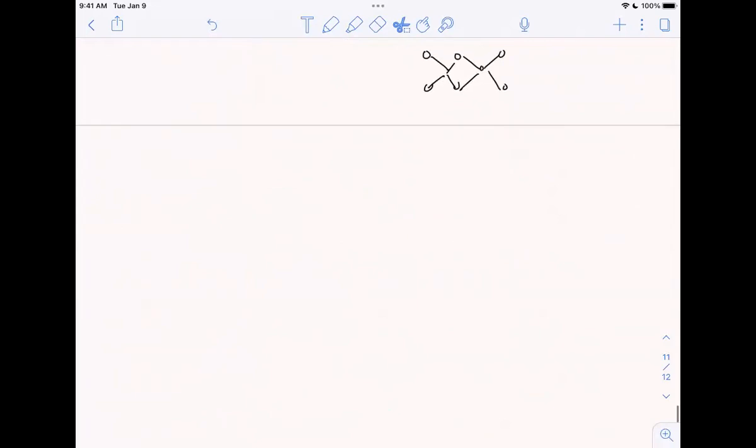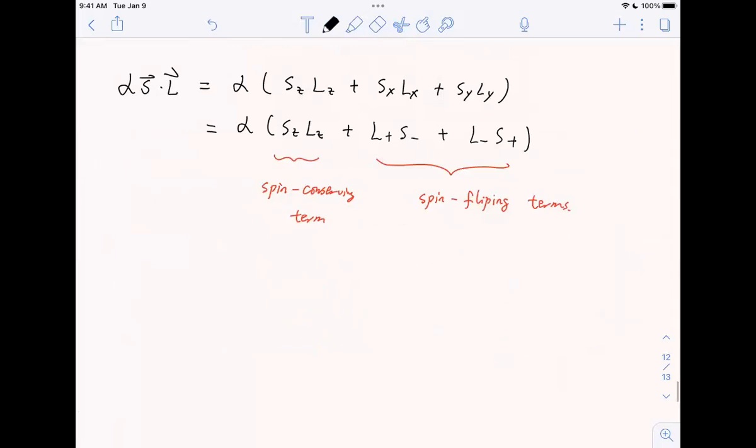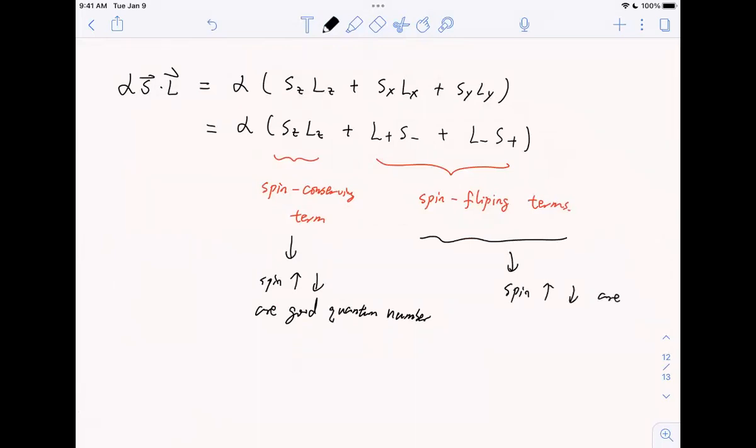When we only consider the first term, the spin-conserving term, spin up and down are good quantum numbers. You can say this state is spin up, that state is spin down. However, once you include this, spin up and down are no longer good quantum numbers.